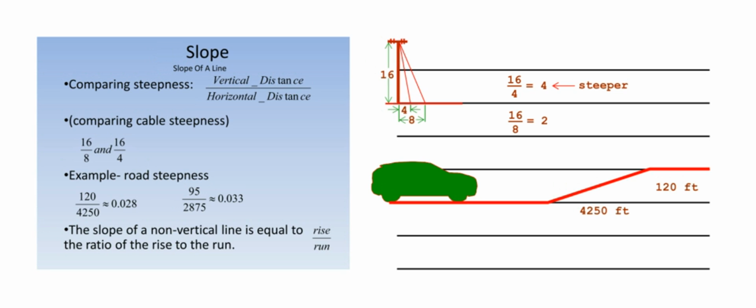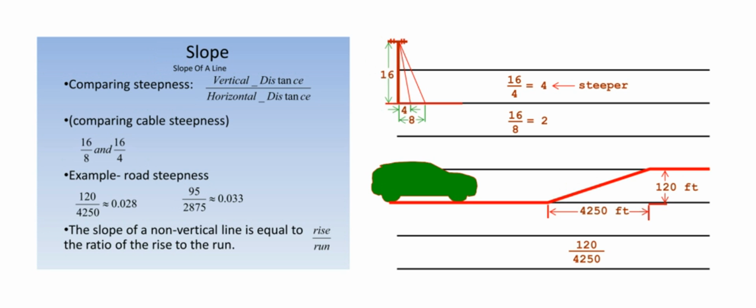So going down. So in this case, 120 over 4,250, and let's reference them as distances from the bottom to the top and from the starting point of the hill all the way to the end of the hill. Just for reference, do be aware, size is not to scale, it's just for reference.